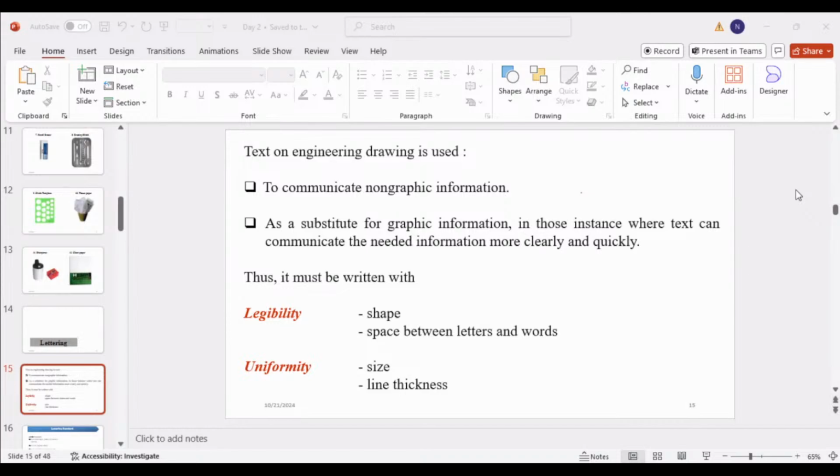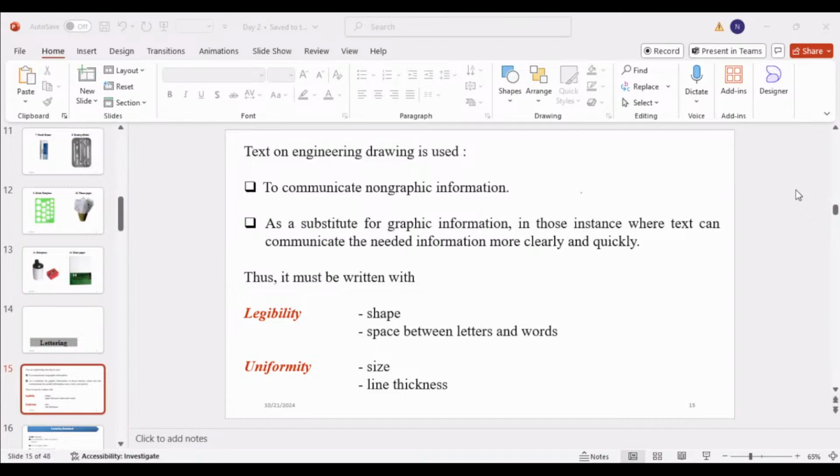And this text or lettering should have legibility. That means its shape and the space between letters and words. There are standards for them. And uniformity. That means its size and line thickness should be uniform.